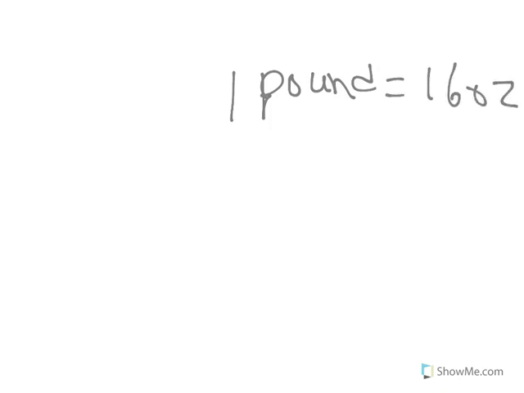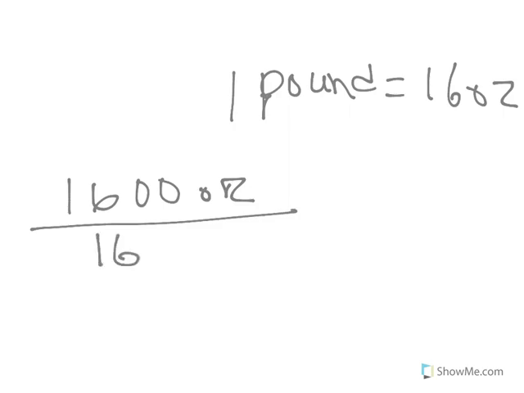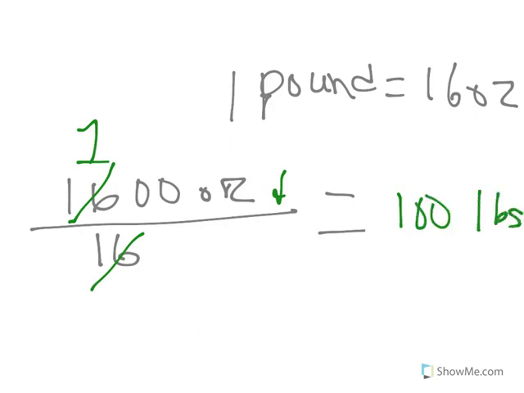So that's pretty easy. So if I have 1,600 ounces, I'm going to divide that by 16 to see how many pounds there are. Well, I know this line means divide. And when I have this, I could cross these out, and this becomes 16 divided by 16 is 1. And guess what we get? 100 pounds. So of course 100 pounds is going to be bigger than 10. And that's how you do that one.